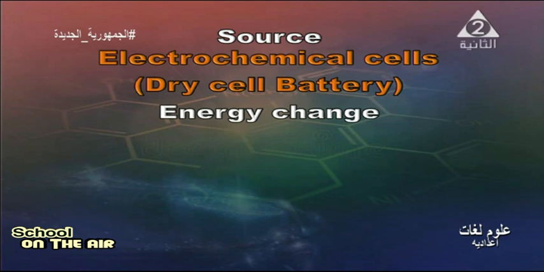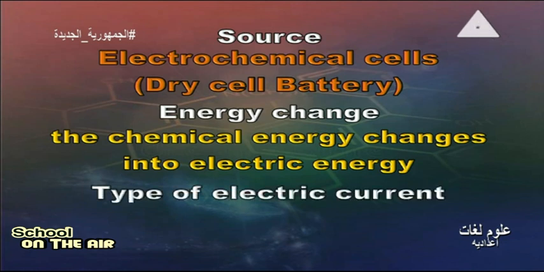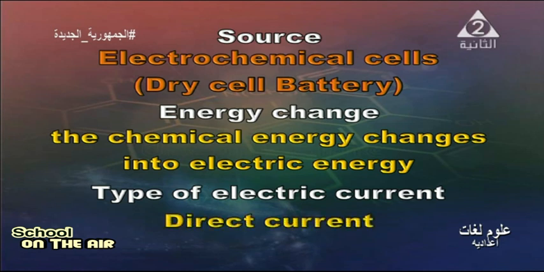The energy change in a dry cell battery is from chemical energy to electric energy. The type of electric current we gain from an electrochemical cell is direct current.